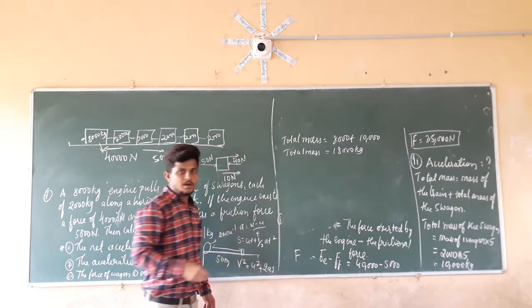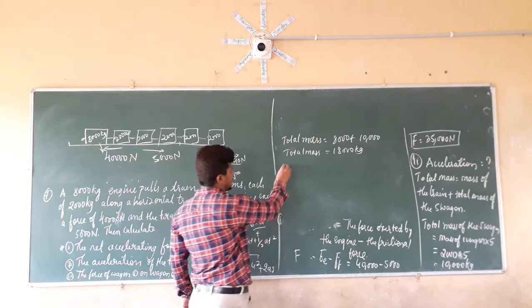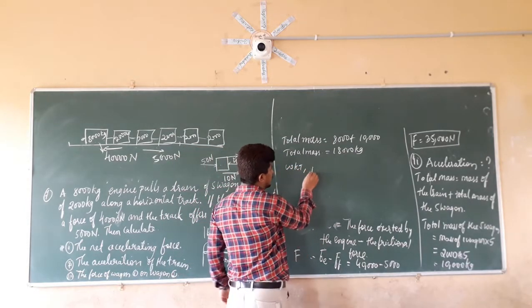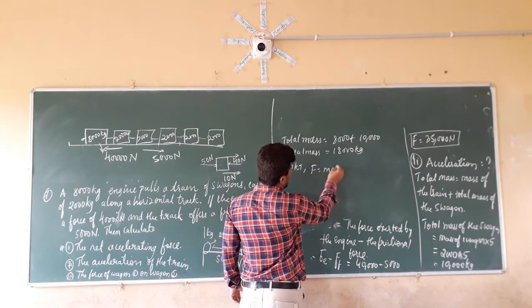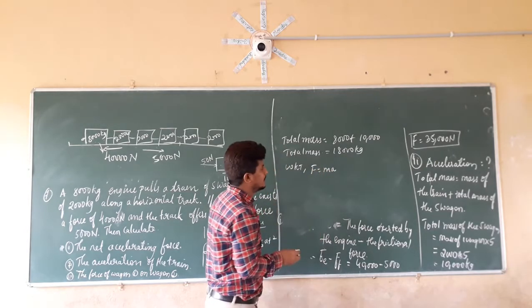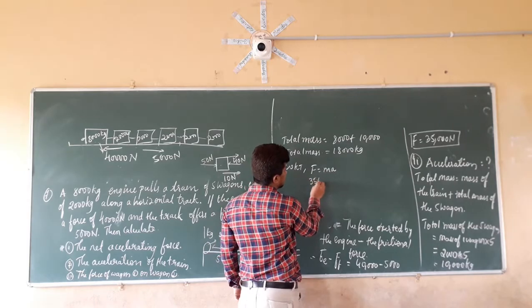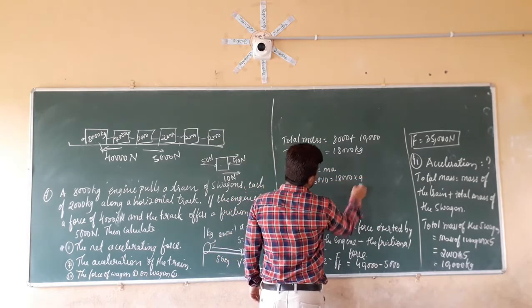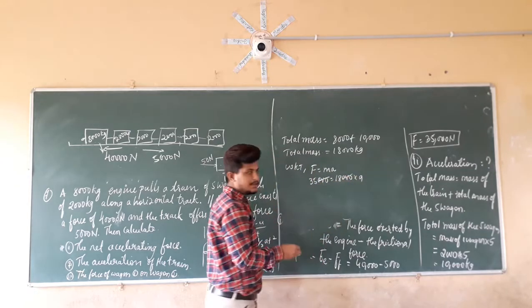Right. Already we know by Newton's second law of motion that F is equal to what? F equals m into a. What is F given here? 35,000 newtons is equal to m, given as 18,000, into a. The zeros cancel.